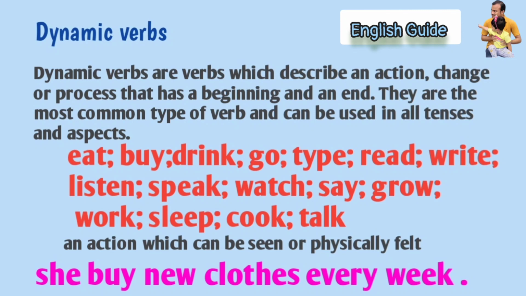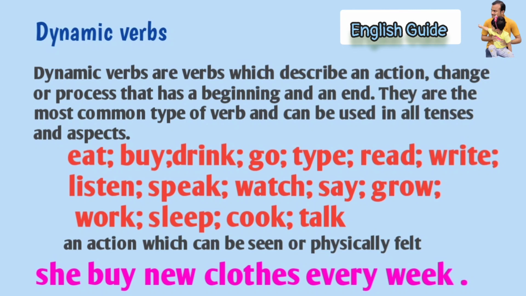Fine. And most of the verbs we can see and we can physically feel also. Another example like she buys new clothes every week. So whatever she buys every week, we can physically see it also, even feel it also.